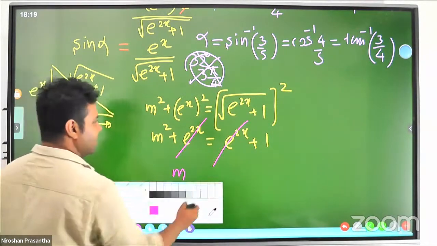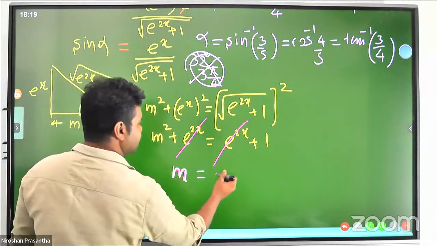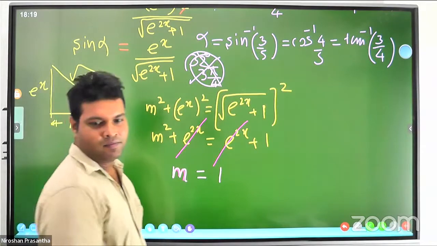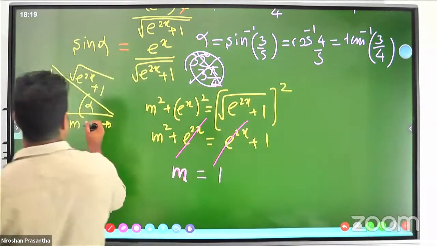What is m? Now m is 1. Right? Now we can write down 1 for this.